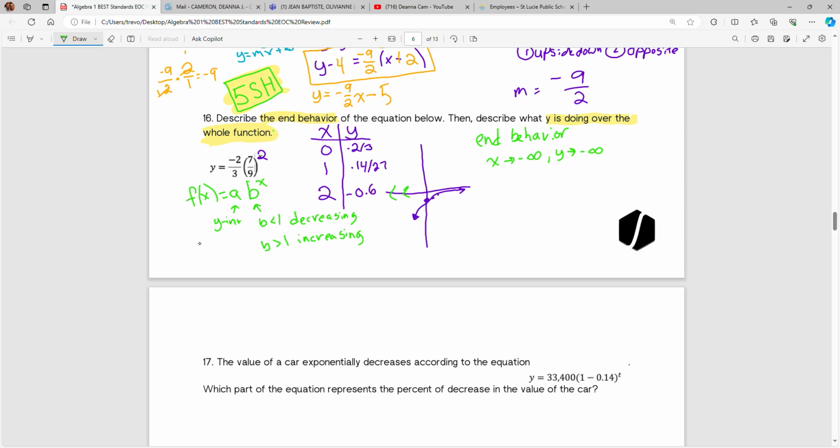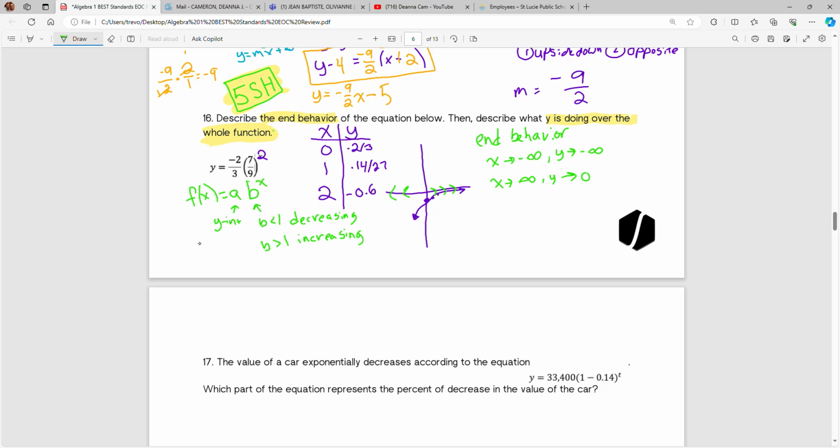And as x is headed towards positive infinity, our y is doing what? So as we go this way, our y is heading towards 0. So the bigger number that we would put in for this x, the closer we're going to get to 0 over here. So that's our end behavior.